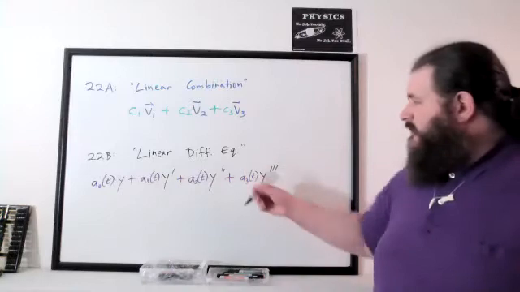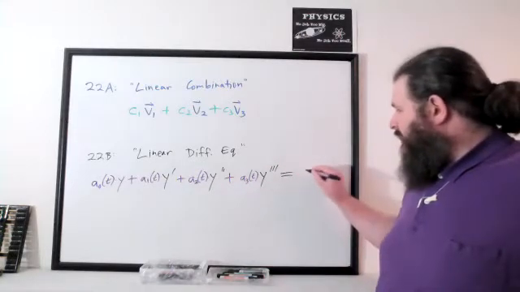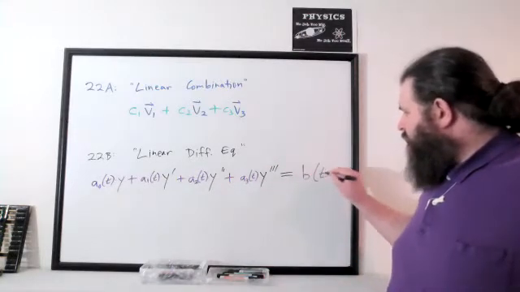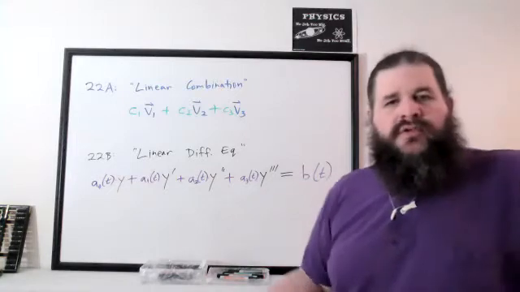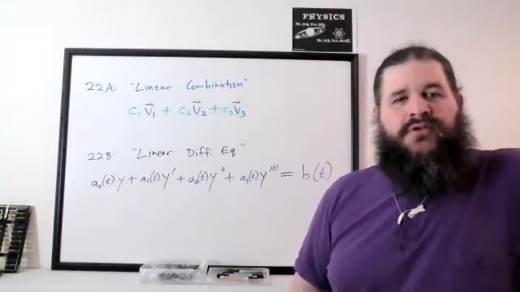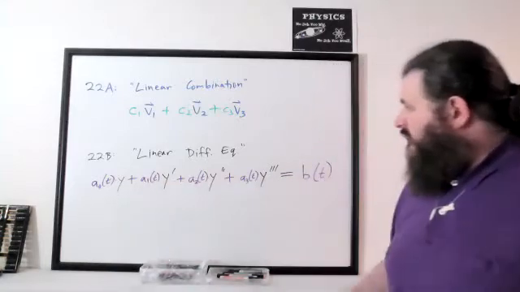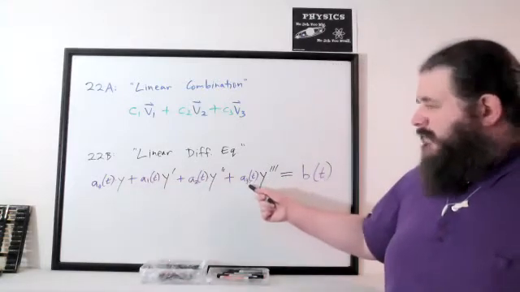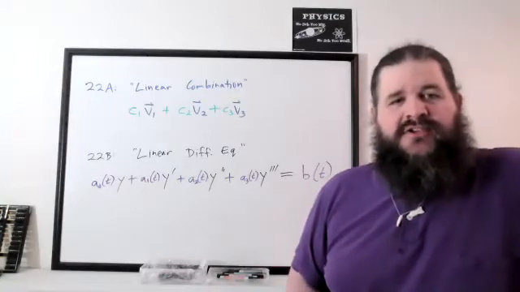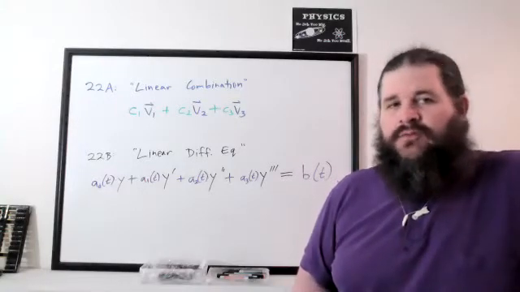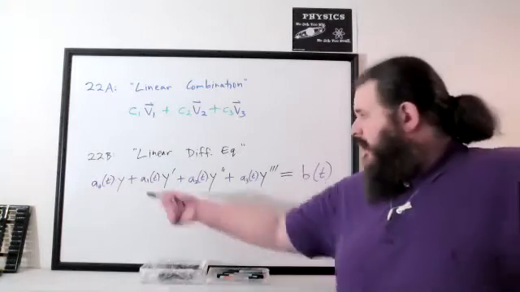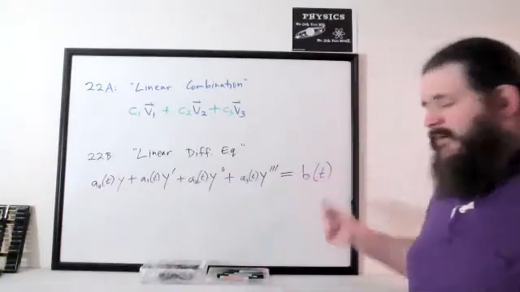And since we want a differential equation, this would have to equal something else, maybe b of t. So this is what a linear differential equation looks like. It's got the function and some of its derivatives, each one of those multiplied by a scalar, which in this context just means a function of t, not a function of y, just a function of t, and then all added up to equal some other function of t.